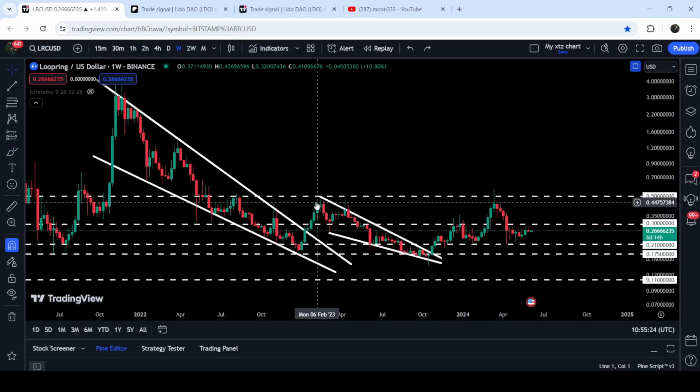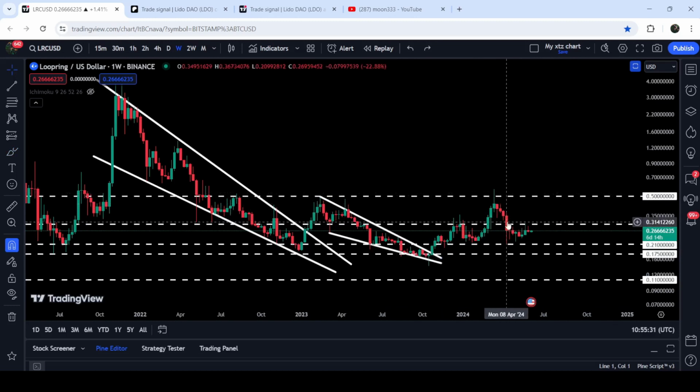After that, the price line broke out of this wedge. And now recently, you can see that after the breakout, the price line was once again rejected by this long-term resistance of 50 cents and broke down the next support of 30 cents, and bounced very well again from this long-term support of 21 cents that was previously working as support here, resistance here, support here, and support here as well. And again, it is working as a very nice support. Right now, it is trying to break out this long-term resistance of 30 cents.